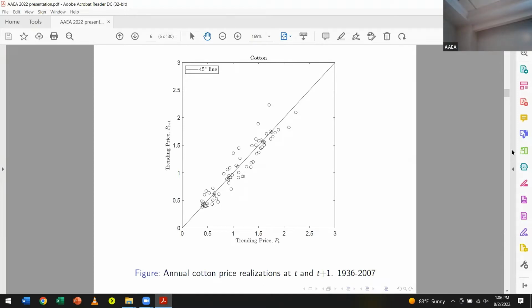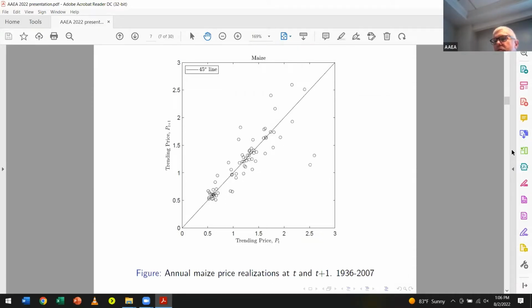Yes, there is some variation, but very much it is like an ideal data set to fit maybe an IID model, and if there is any trend here, it's so small, it's not important. And so Deaton has a point in the linear autoregression, and then you look at maize, more or less the same.